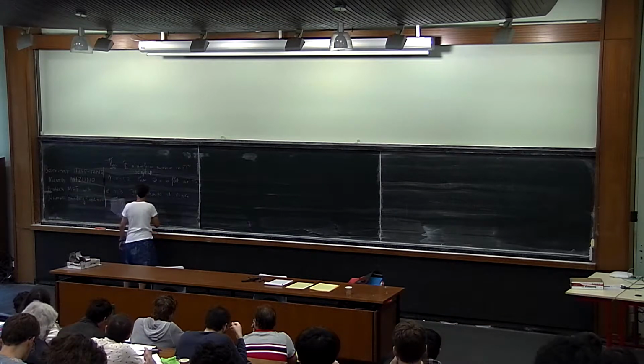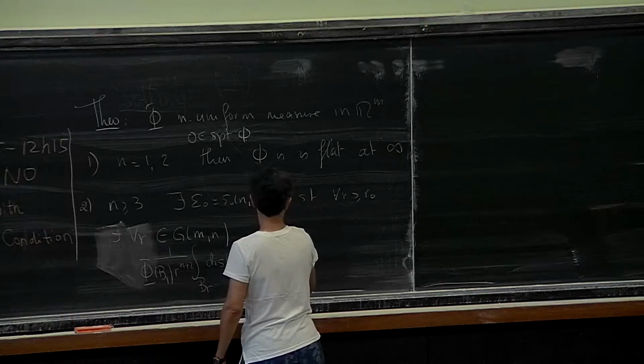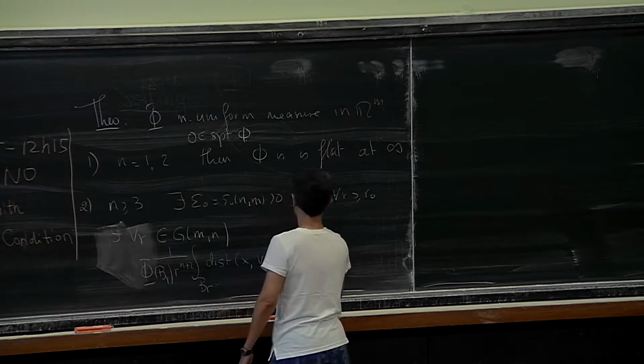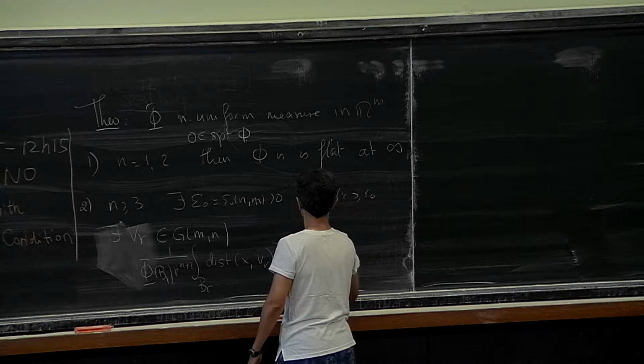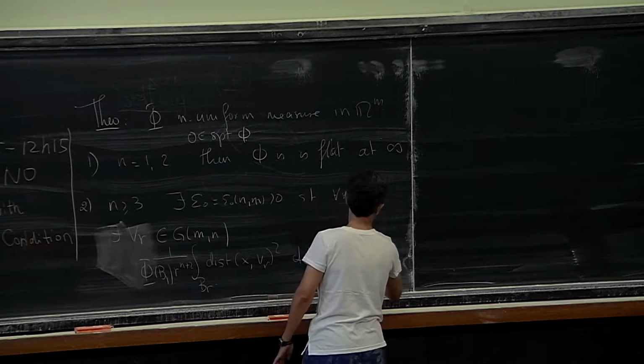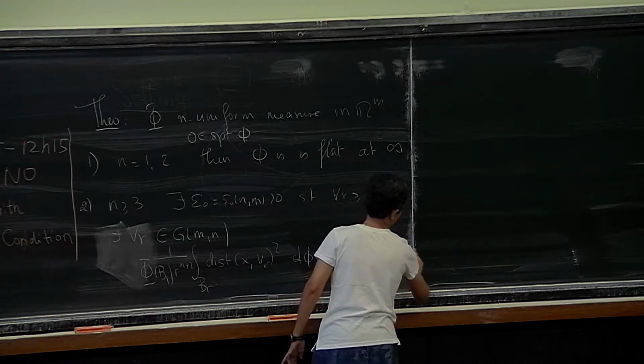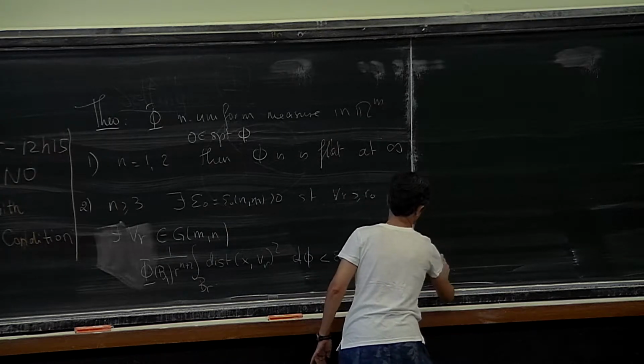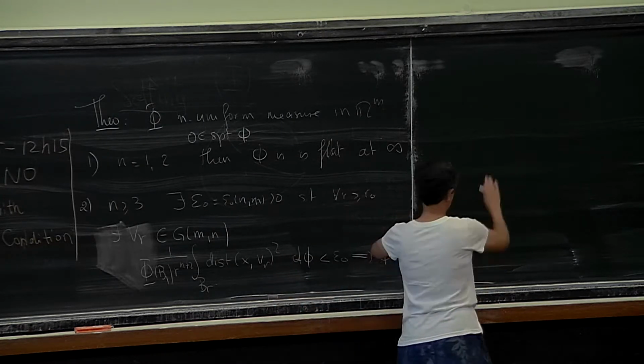If this number, if for every r bigger than r0, this is small, then phi is flat.